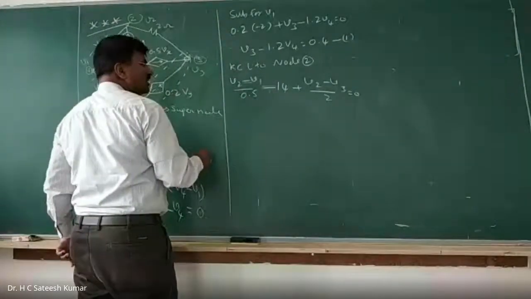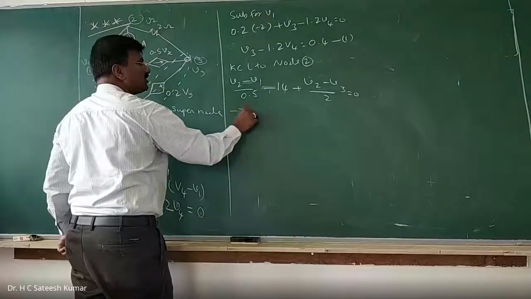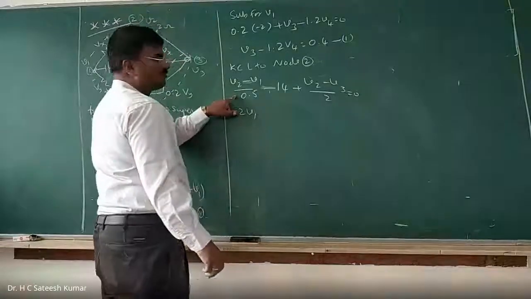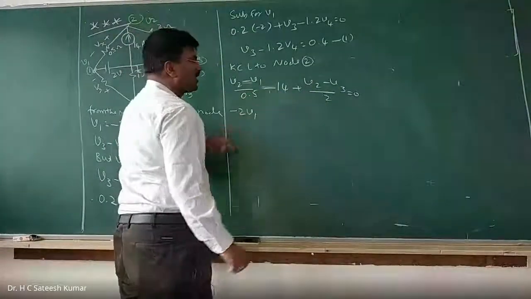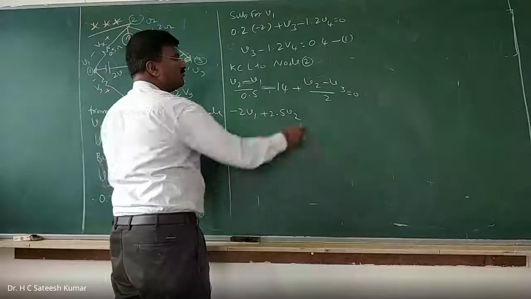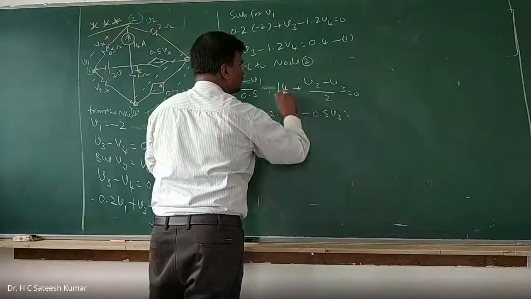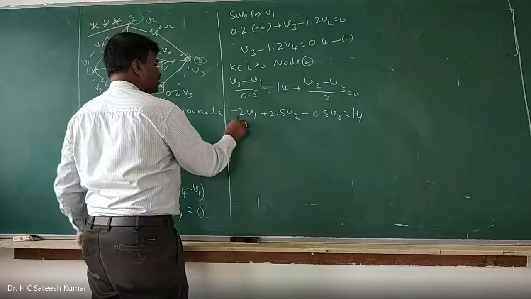Therefore, what will you get? Minus 1 by 0.5 is 2, minus 2 V1. 1 by 0.5 is 2. 1 by 2 is 0.5. So 2 plus 0.5, 2.5 V2 and minus 0.5 V3 is equal to, transferring to the right hand side, 14. You will get it. Substitute for V1.